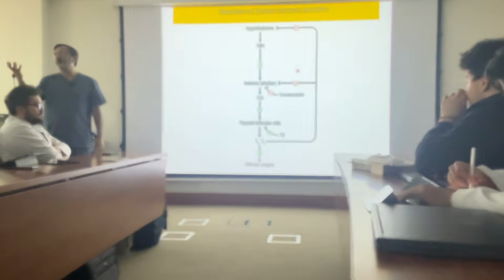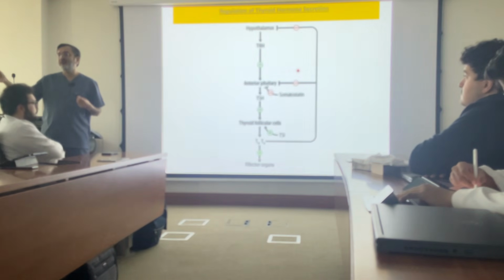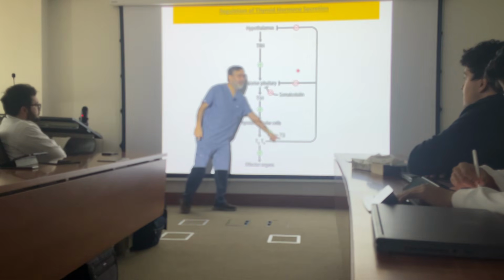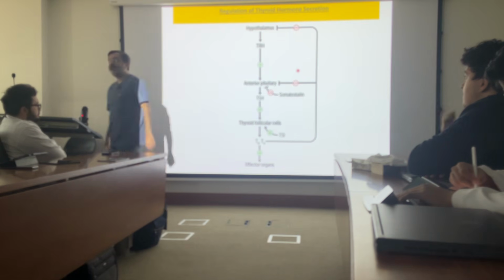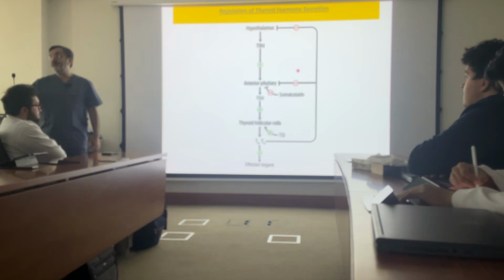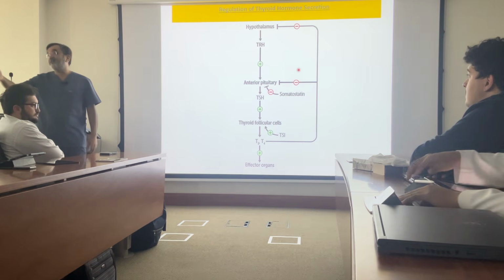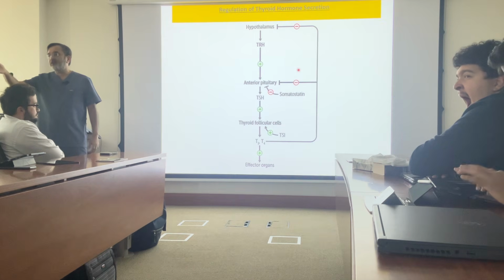You have this antibody produced by your body, and this thyroid stimulating immunoglobulin has a structure like TSH. So it will go and bind to the follicle like TSH and stimulate thyroid hormone production. So you would have hyperthyroidism. Weight loss will happen because of hyperthyroidism.